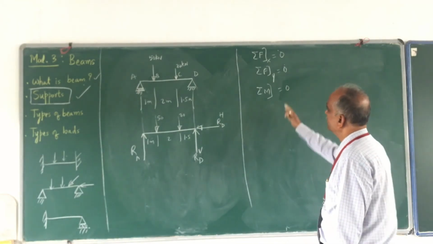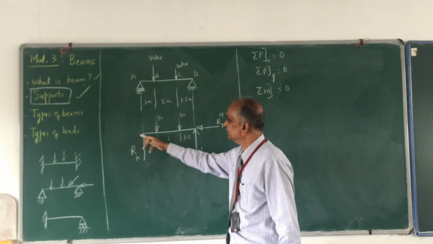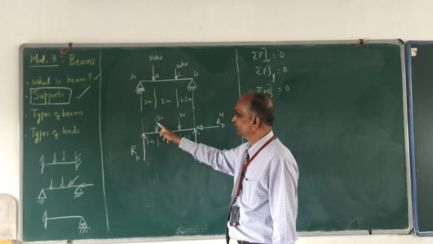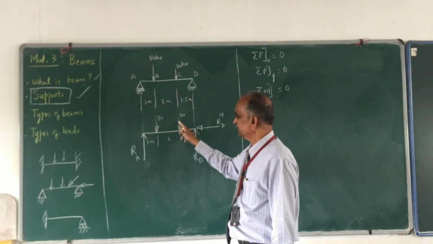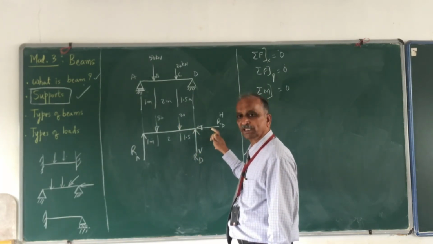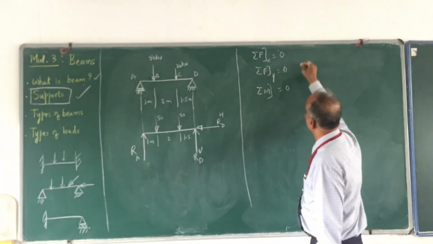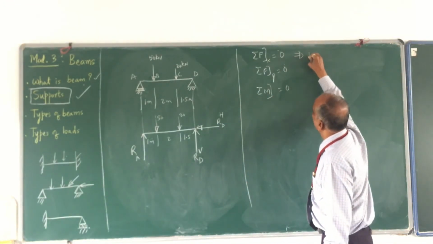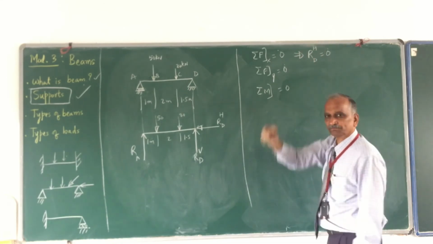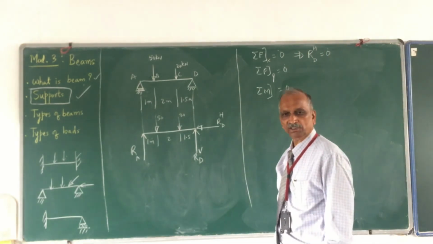So sigma Fx: any force in the x direction? This is a y direction, this is y direction, this is y direction. This is the only force in the x direction, and therefore make use of this and say that RDH is equal to 0.